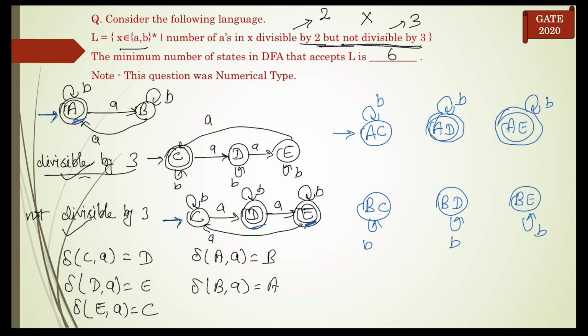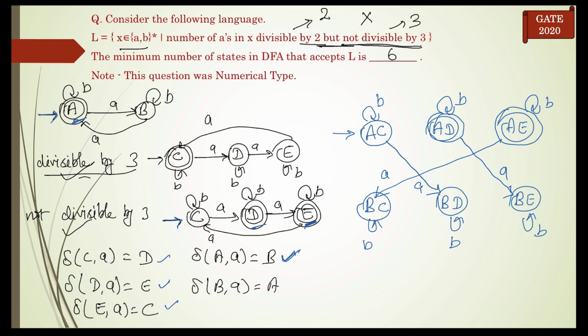Now we have to define the transition of A from each state. So transition of A from AC will be on BD. Transition of A from AD, it will be on BE. Transition of A from AE, it will be on BC.